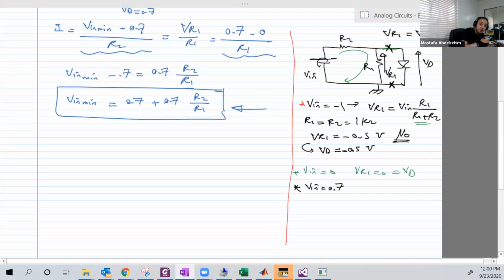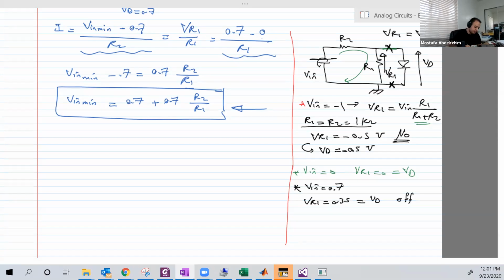And again, R1 and R2 are just in series because they have the same current. Voltage divider again. So VR1 in that case is 0.35. Remember, they are equal in values, as I assumed. This is equal to VD. So it's again off. Yes, it's forward, it has a positive voltage, but less than 0.7. It will not conduct at 0.7. How about 0.8? How about 1?